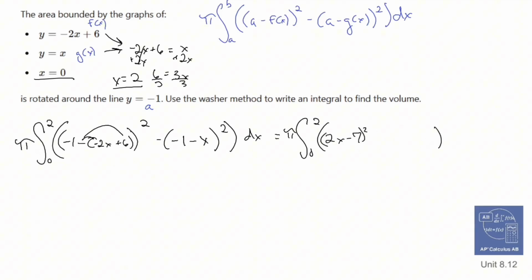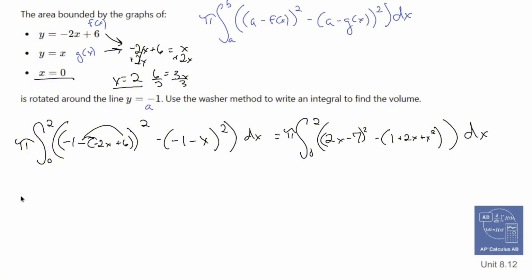What's wrong with me today? Minus, why don't I perfect square trinomial that right now, so you get 1 plus 2x plus x squared. Okay? And then close that, dx that.